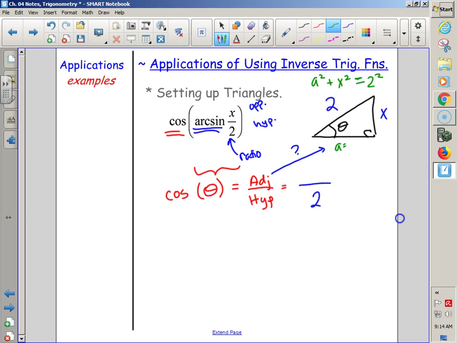Now, some of you might say, but we don't know the other sides. But wait, there was an x to begin with. There can be x at the end. So how do I solve for a? Don't I subtract x squared, and don't I square root both sides? A is going to equal the square root of 4 minus x squared. So guess what's going to get plugged in down here?